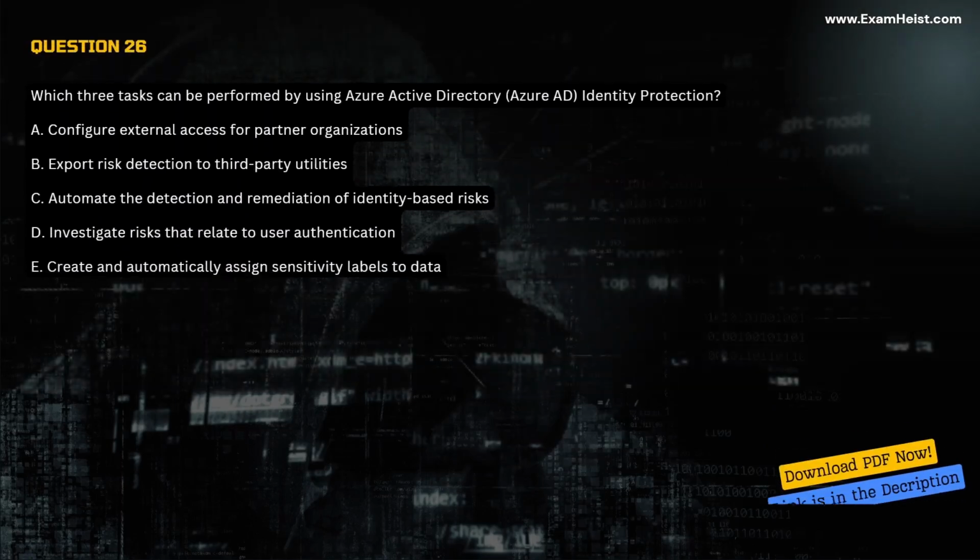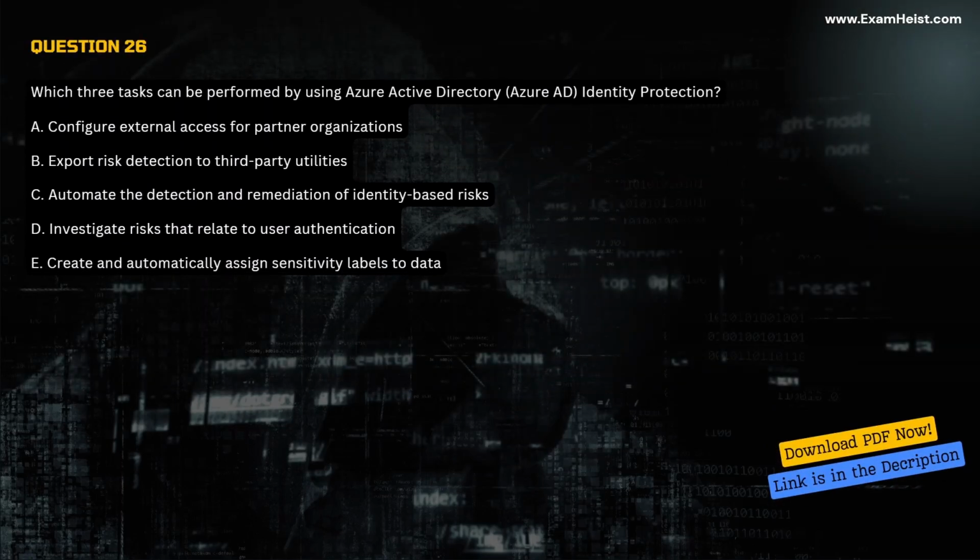Question 26. Which three tasks can be performed by using Azure Active Directory (Azure AD) Identity Protection? A. Configure external access for partner organizations. B. Export risk detection to third-party utilities. C. Automate the detection and remediation of identity-based risks. D. Investigate risks that relate to user authentication.